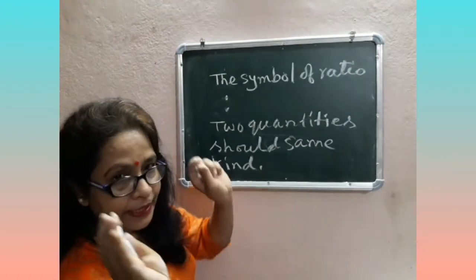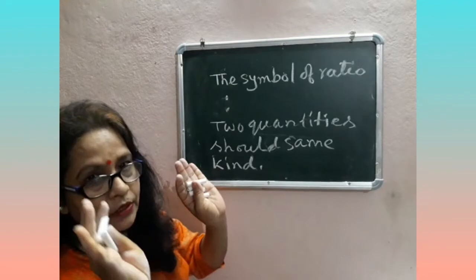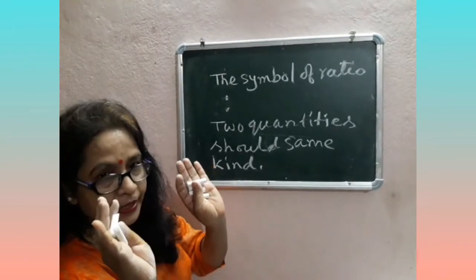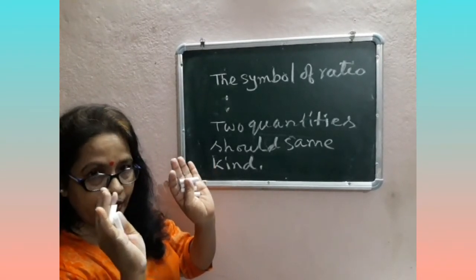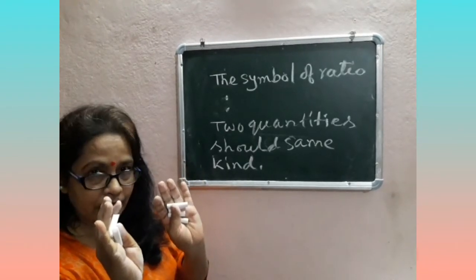Suppose I have taken chalks. Chalks may be red color, blue color, yellow color, but we cannot compare chalks and pens. We compare only same kind things during ratio.